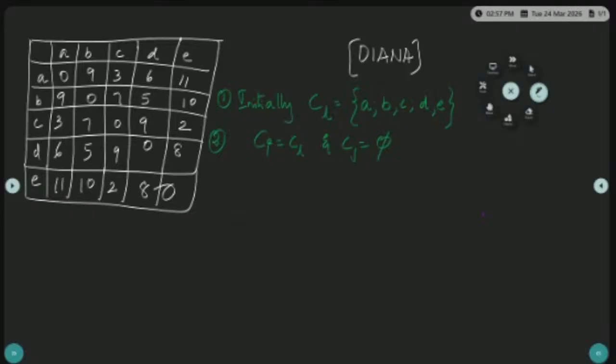The problem starts by sending the dissimilar elements from the original cluster to Cj until there is no negative point. If we get a negative answer, we stop shifting. Write down the second point: first we divide into two clusters, Ci equal to Cl and Cj equal to empty.